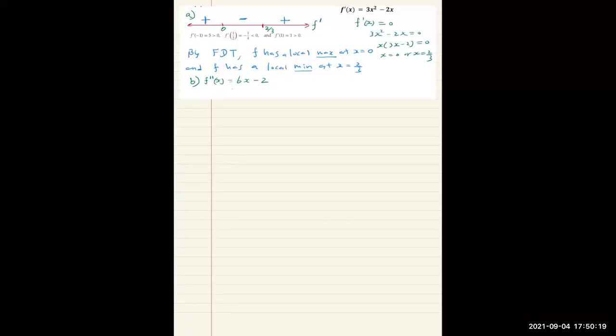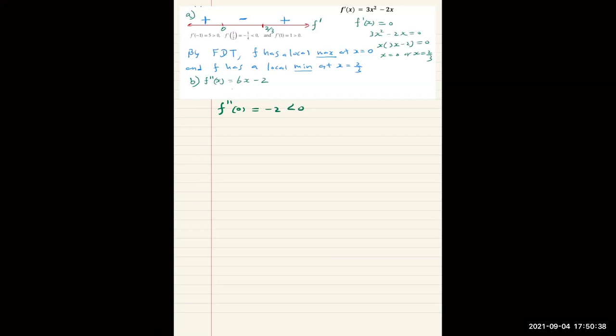I copied my content to the next page, and let's plug in those critical points in the f double prime. F double prime of 0 is equal to minus 2, which is negative. Now I can apply the second derivative test.